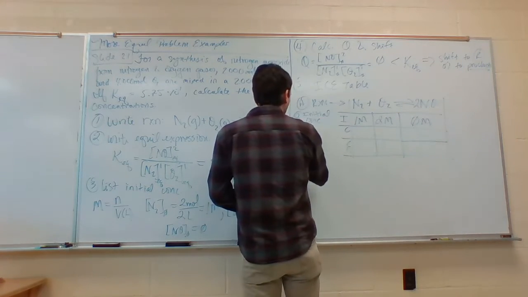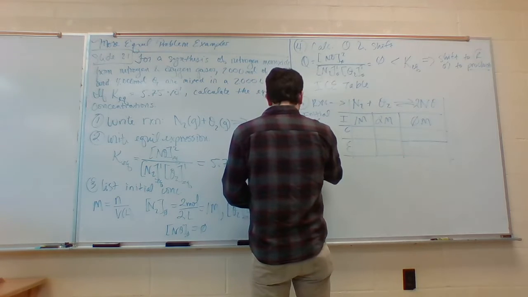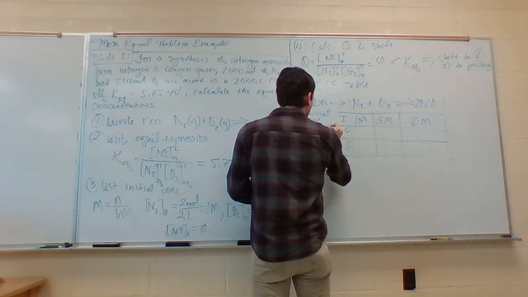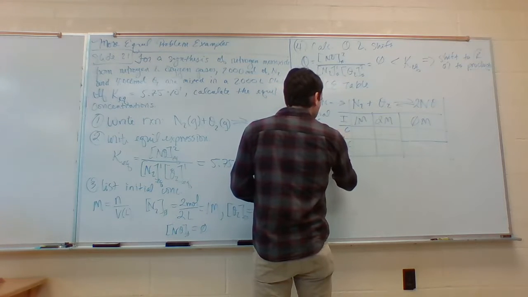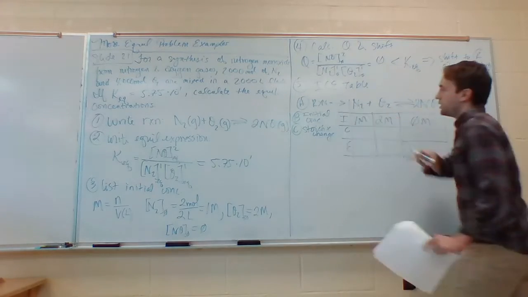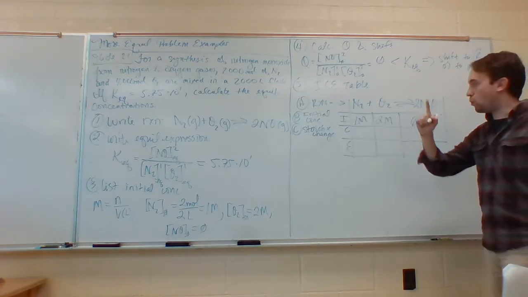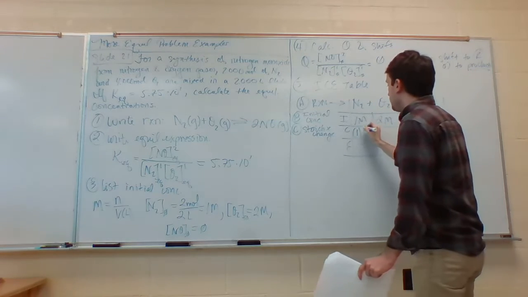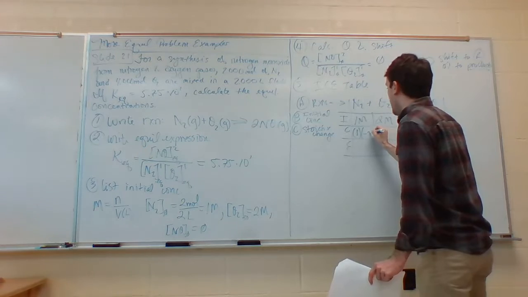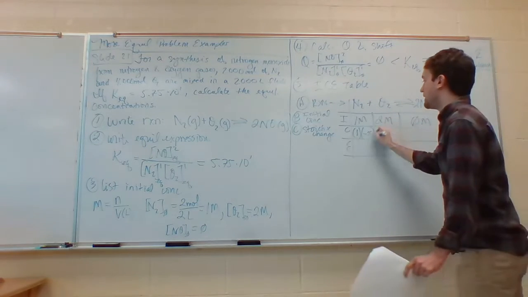Then in step C, right, we write our stoichiometry times our change, okay? So we have our stoichiometric coefficient of N2, that's 1, and we multiply it by the change. Since it is a reactant, or on the left side of our arrows, it gets a negative x.